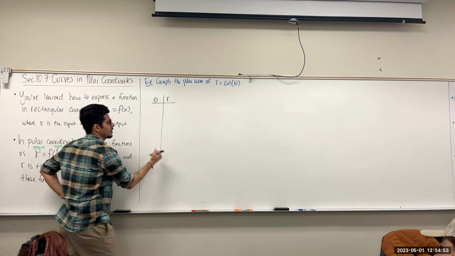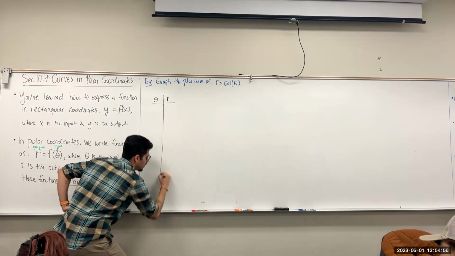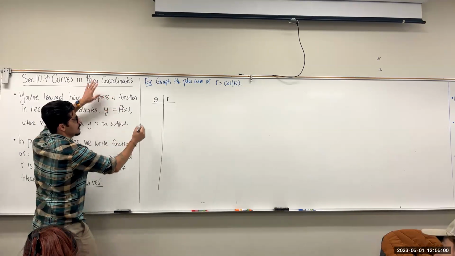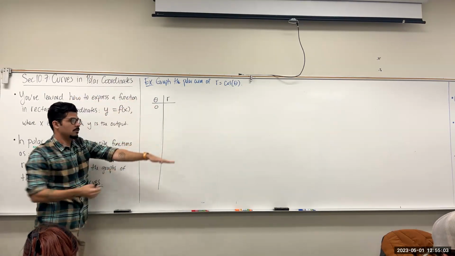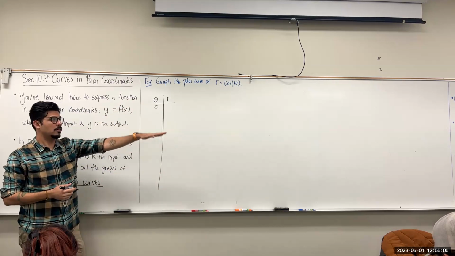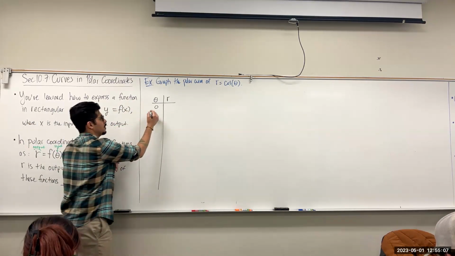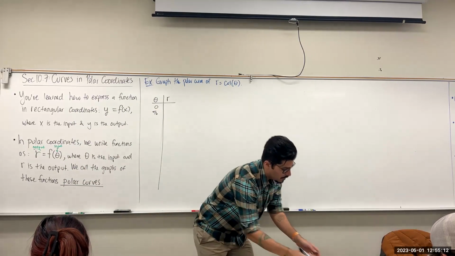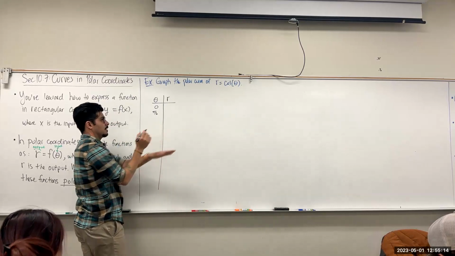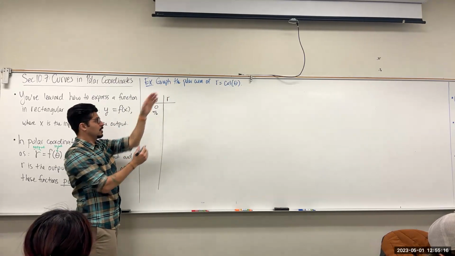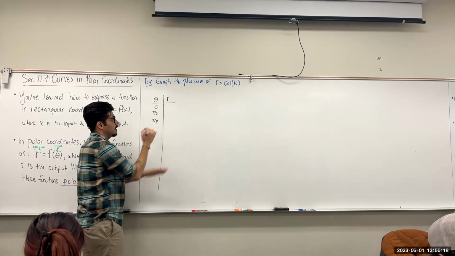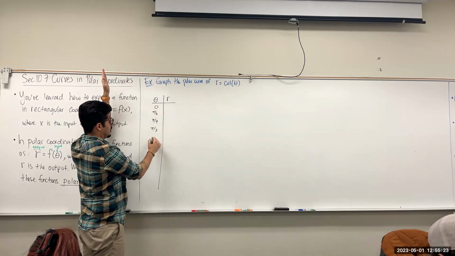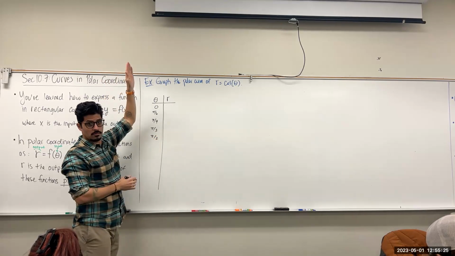Let's see what happens. This one's going to take a long time just because we have a lot of angles. If you picture the unit circle, you have 0, right? What's the next special angle after 0? Pi/6. Then we got pi/4, and then pi/3, pi/2, right?